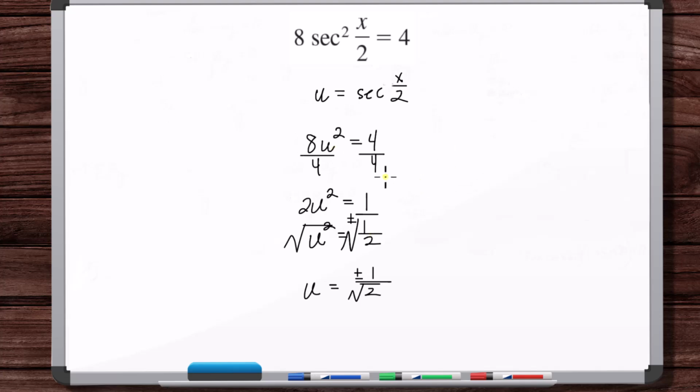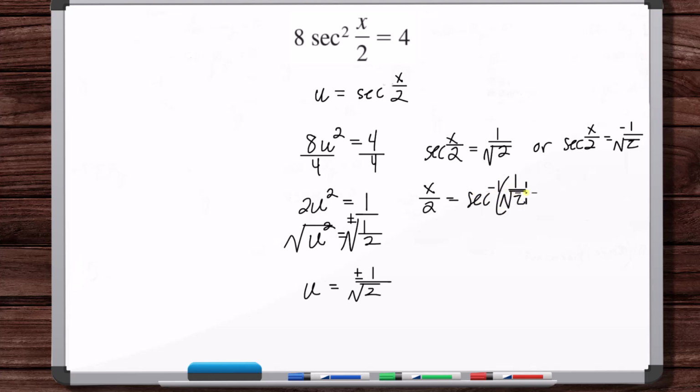So, okay, we've got that secant of x divided by 2 is equal to 1 over root 2, or secant of x divided by 2 is minus 1 over root 2. All of that would solve this equation. So what we've got is x divided by 2 is equal to inverse secant 1 over root 2, or x divided by 2 is equal to inverse secant minus 1 over root 2.